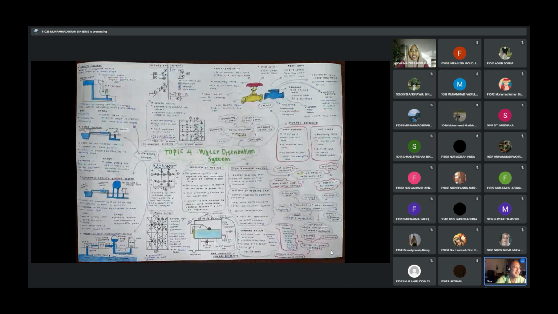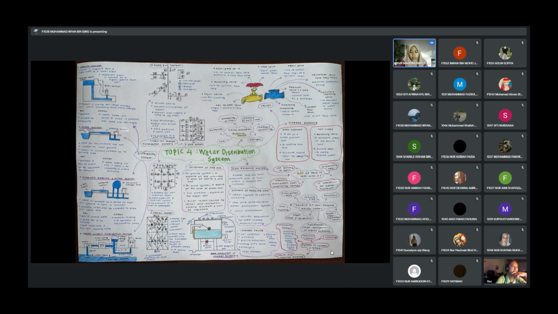Okay. Topic 4 is water distribution system. The distribution system has three types, which is gravity system, pump system, and combined gravity and pump system. Then there is a description of water supply distribution system.